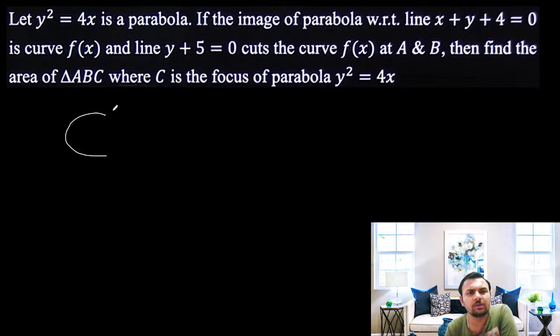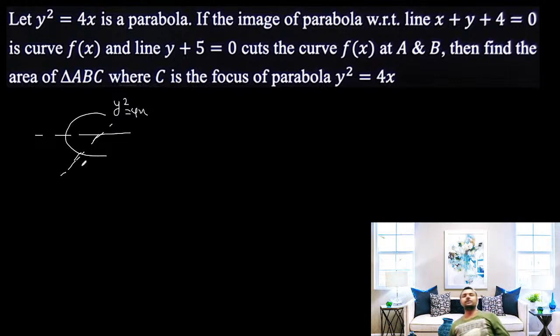Okay, y square equal to 4x is a parabola. The image of the parabola with respect to x plus y equal to 4 is a curve and the line y plus 5 cuts fxy.